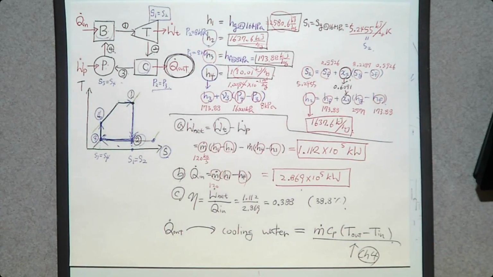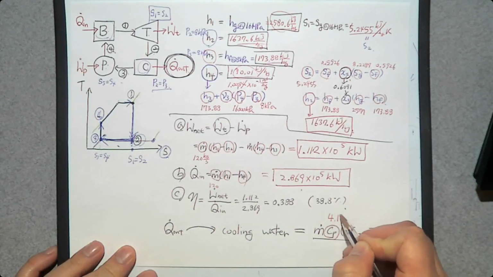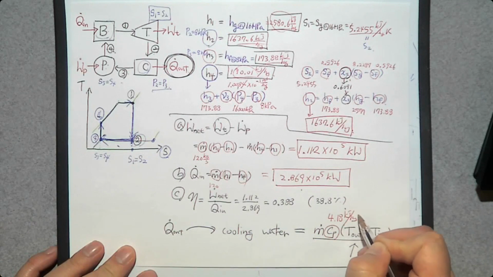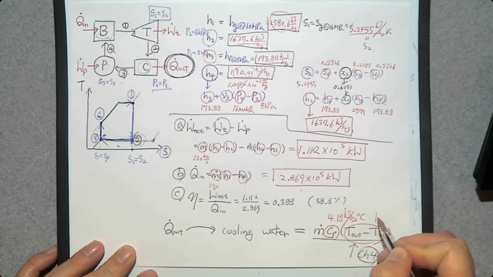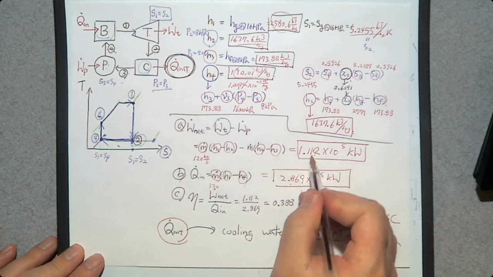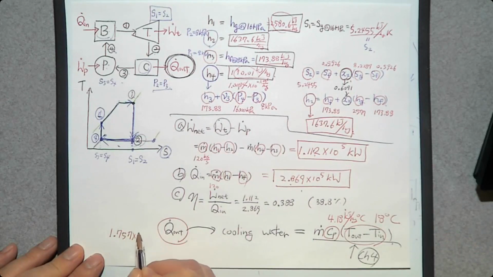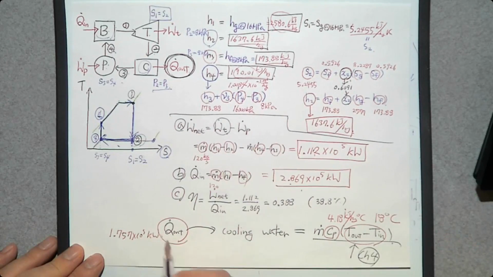Please calculate the rate of heat transfer within the heat exchanger from the steam to the cooling water. So what is the specific heat? 4.18 kilojoule per kilogram degree Celsius. What is the temperature rise? 18 degrees Celsius. What is Q out? This one minus this one. 1.757 times 10 to the 5th kilowatt.